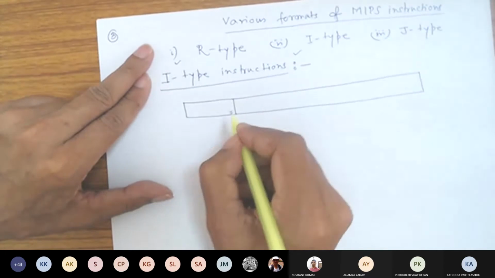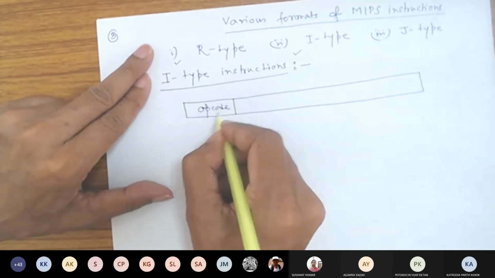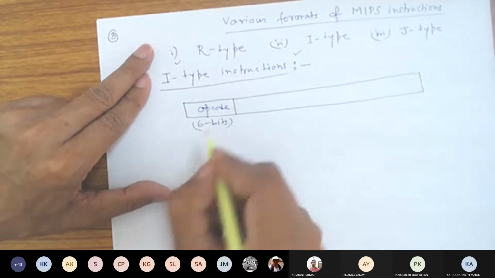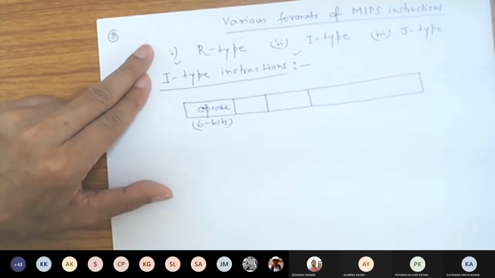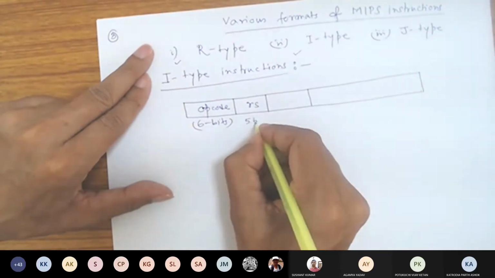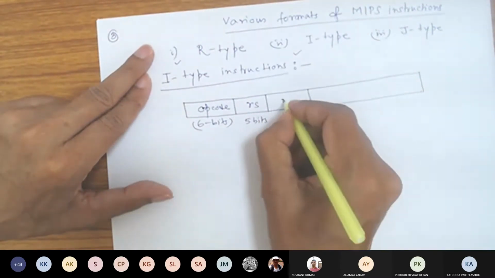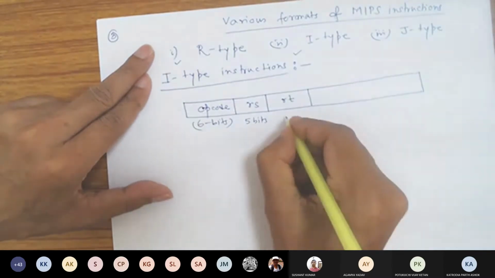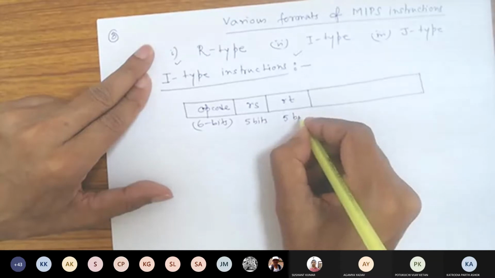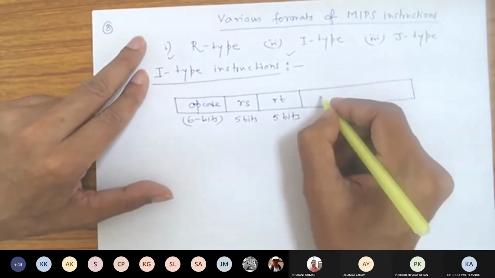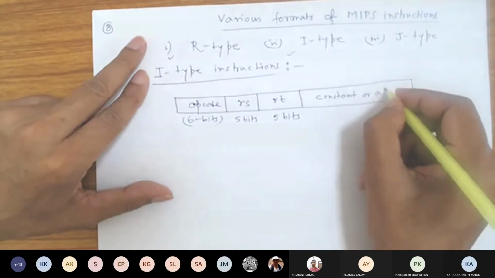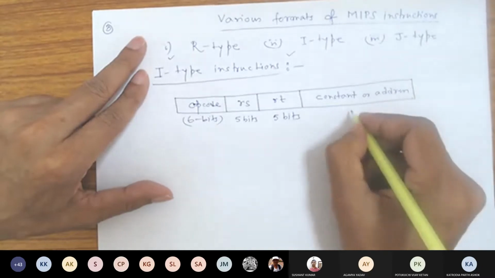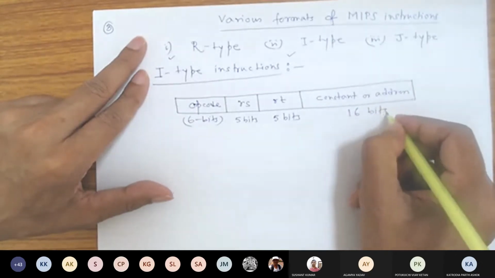We have opcode, 6 bits, RS, 5 bits, RT, 5 bits, and then there is a constant or address, which is obviously 16 bits.